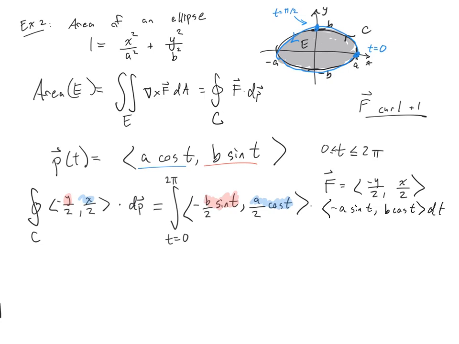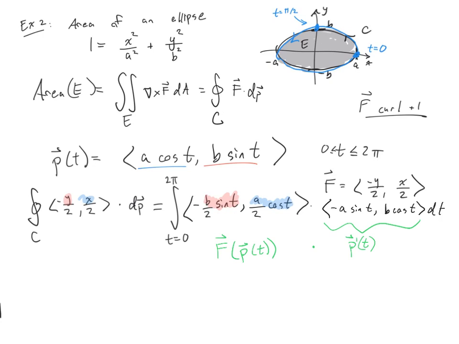And so remember, in case this is still feeling unfamiliar, this is your P prime of t vector, times dt. You still have this dot product, so dot with F, but you've plugged P in to F. So you've plugged your x and y values in. And this is what you do to pass to the parameter t for the integral.